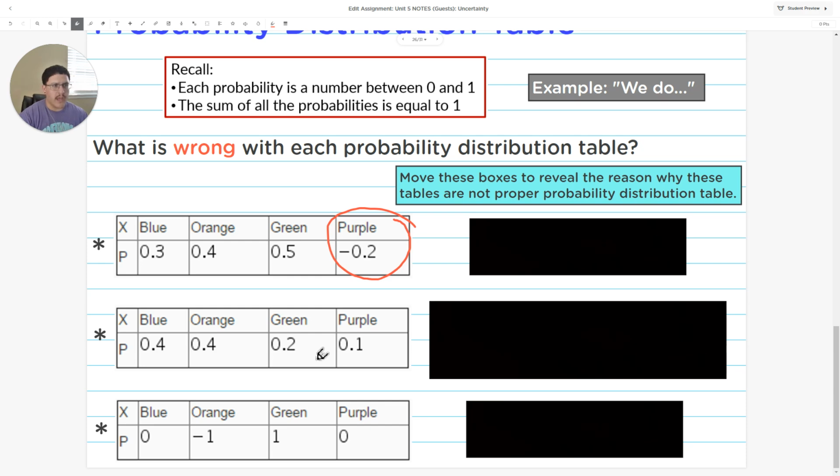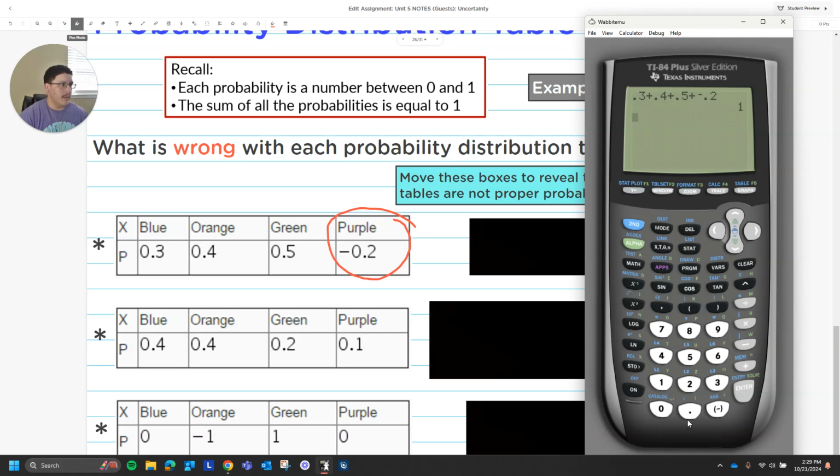Okay, let's look at the second one. Let's see what issues we have with this one. Is each probability a number between 0 and 1? Yes. 0.4, 0.4, 0.2, 0.1, those are all numbers between 0 and 1. However, let's add all these up and see if they are equal to 1. 0.4 plus 0.4 plus 0.2 plus 0.1. 1.1.